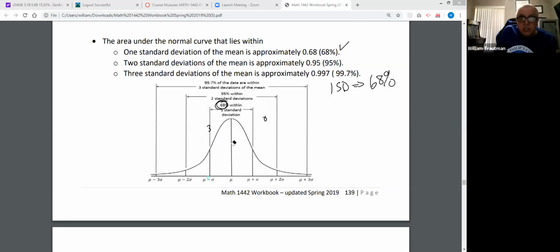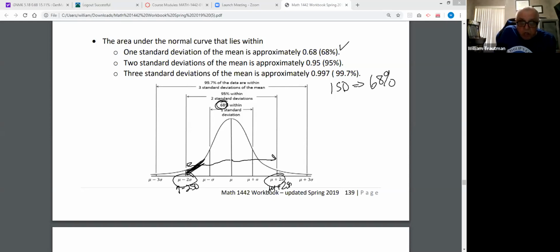Next, 2 standard deviations from the mean. If we go 2 standard deviations to the left and 2 standard deviations to the right, here is the mean minus 2 standard deviations, and here is the mean plus 2 standard deviations.